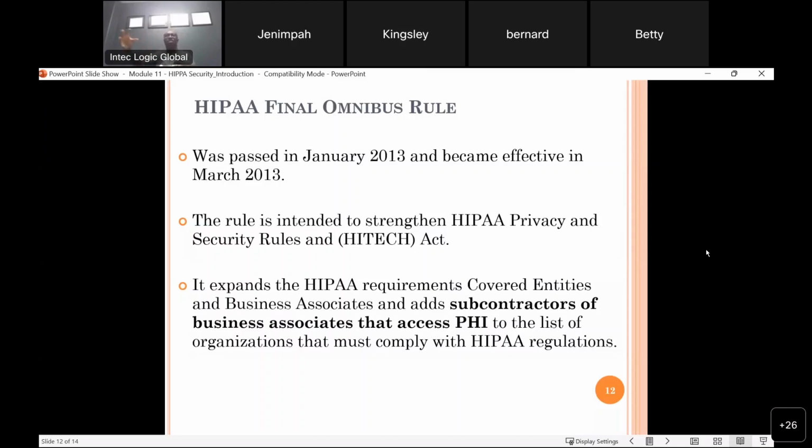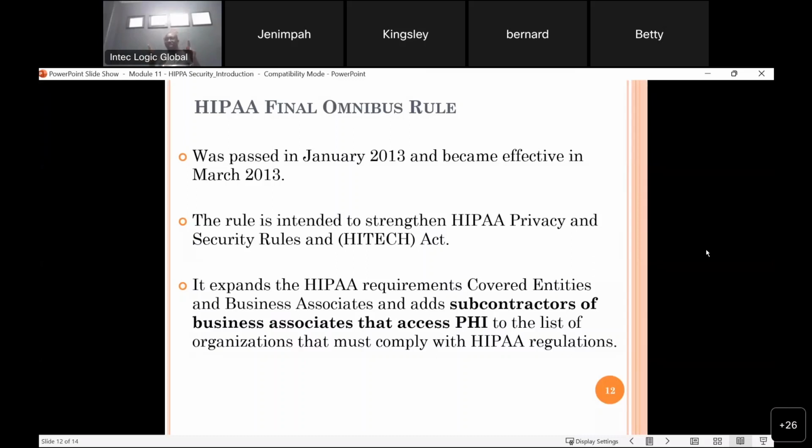All the patient records I'm getting from Texas Children Hospital, I have copies and I also keep copies at Amazon. So Amazon becomes a subcontractor. So the Omnibus Rule says that now the HIPAA rule covers the covered entity, that is Texas Children, the business associate, that is IntechLogic, and the subcontractor, that is Amazon Web Services.